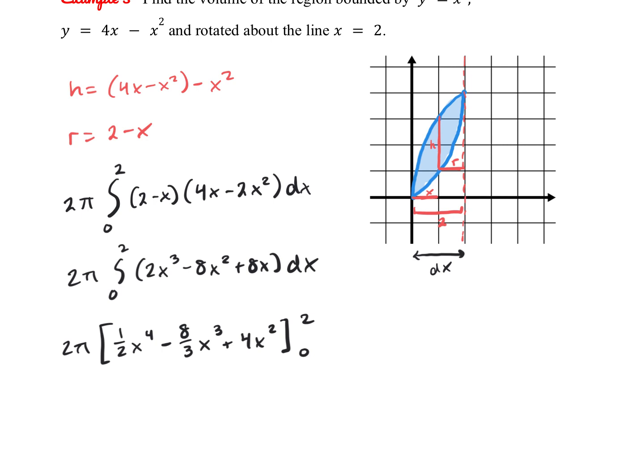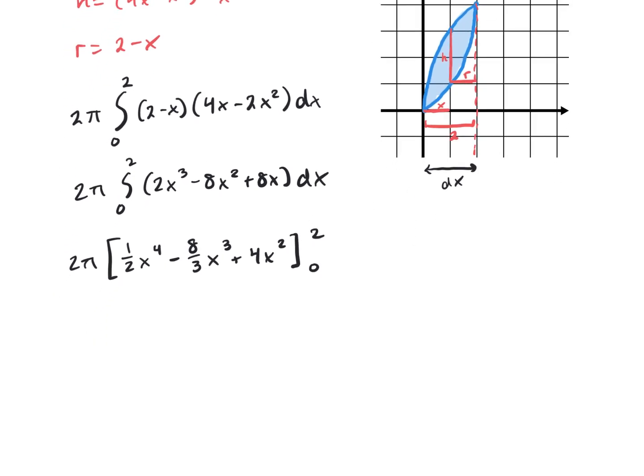And then from there, we're just plugging in numbers, really just plugging in 2. So 8 minus 64 thirds plus 16, which ends up being 16 pi over 3 units cubed.